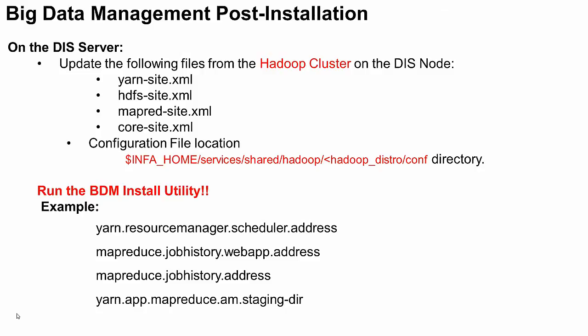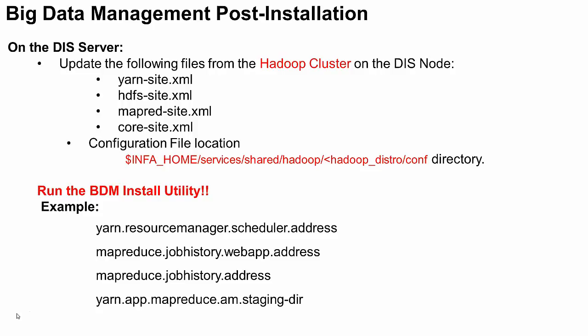What you would need to do is look at the properties that you need, map them to which file they're located in, and then update a location. This location, infa home, is on the server that's running the Informatica services, right? So infa home here in this slide is pointing to the DIS.